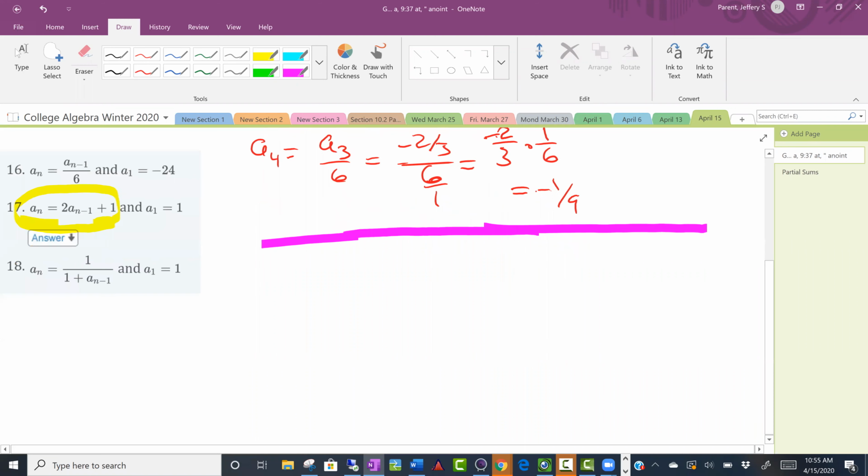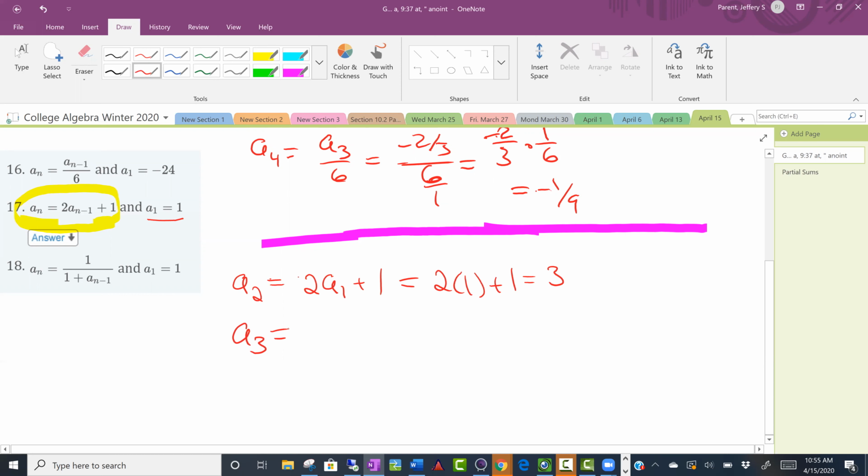And we'll look at this problem. So a sub 1 is 1. So if I want a sub 2, then I have to take 2 times a sub 1 plus 1. Well, a sub 1 was 1. So for a sub 2, I get 3.